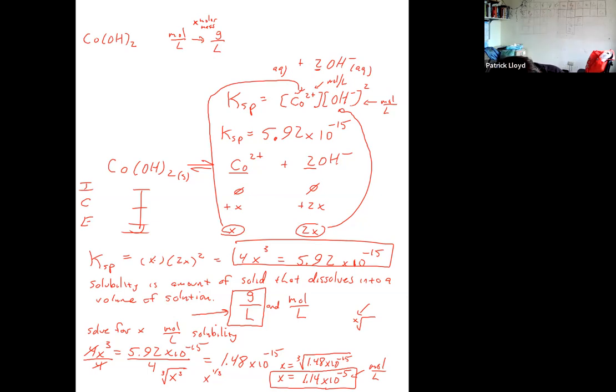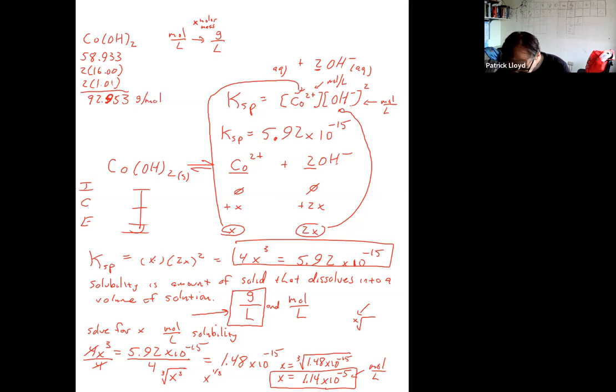Oxygen is 16.00, but there's two of them. And then there's two hydrogens, so 2 times 1.01. That's 32, 34.02, plus 58.933. Looks like we got 92.953.